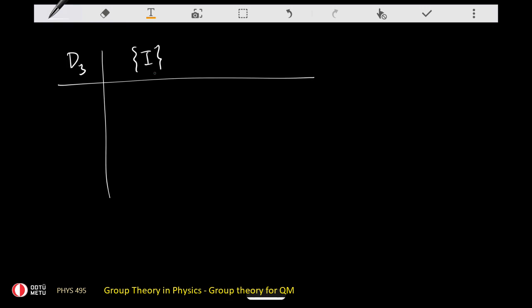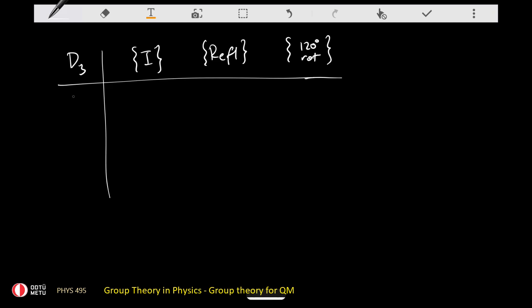So let's remember the character table of D3. So we have identity in here. We have reflections. We have what? We have 120 degree rotations. There are two rotations. They have different matrices, of course, but they have the same character.